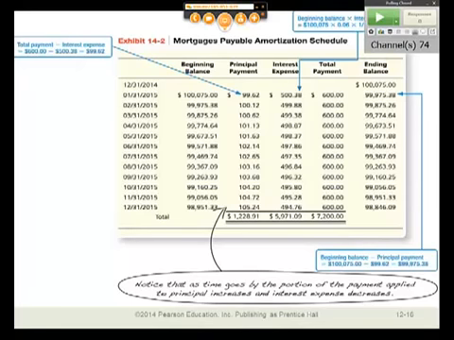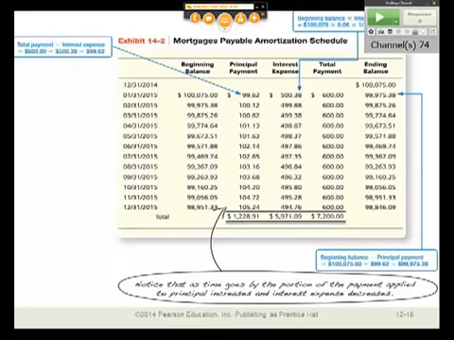Well, it's just the difference. There it is, $99.62. It's the difference between the total payment and the interest component. And that's the $99.62. Don't forget the interest, which is here.